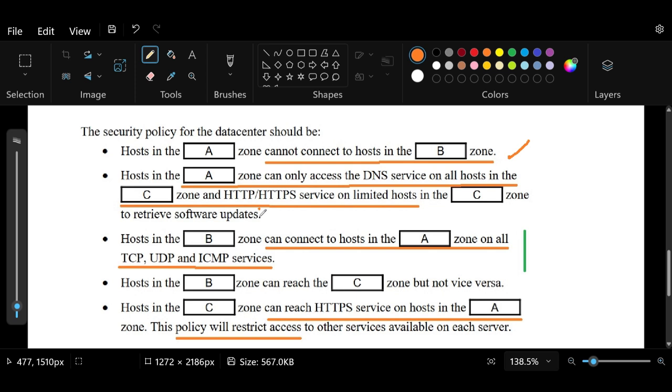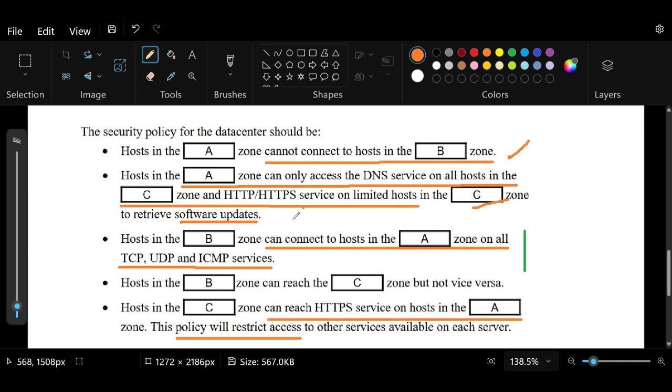I think this part about the software updates would give us an idea that this zone that we are accessing is likely somewhere outside, likely the public zone already.